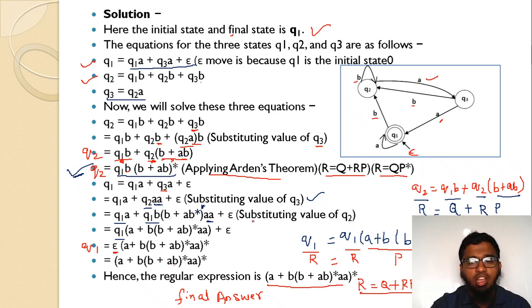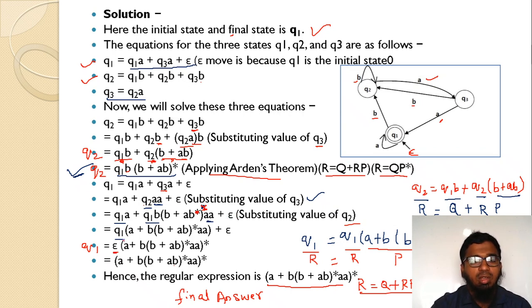After that, in the next equation we substitute Q2. We need not solve Q2 again because we already solved it. Whatever result we have, we take that: Q1 B (B plus AB) whole closure, and this double A is as it is, plus epsilon.